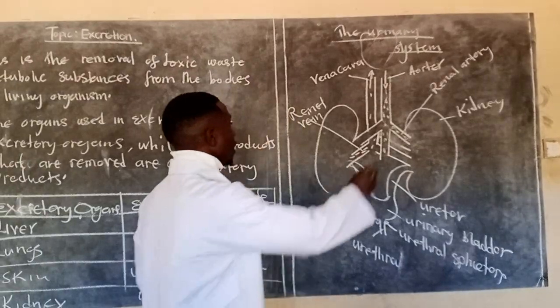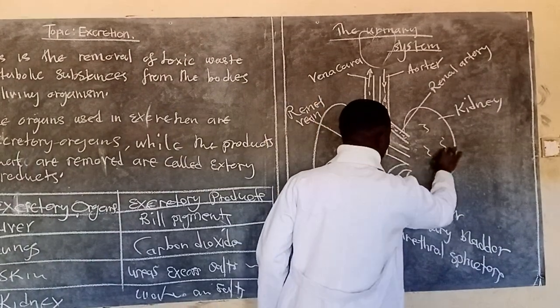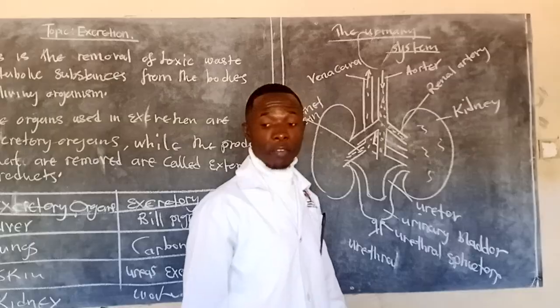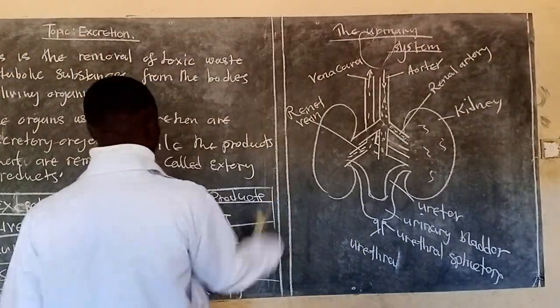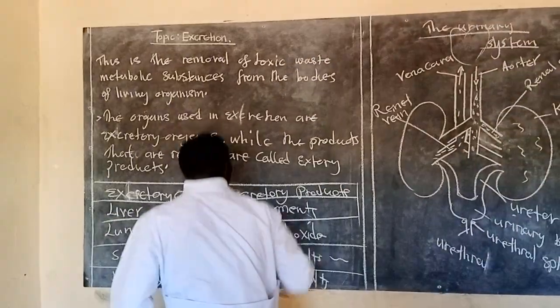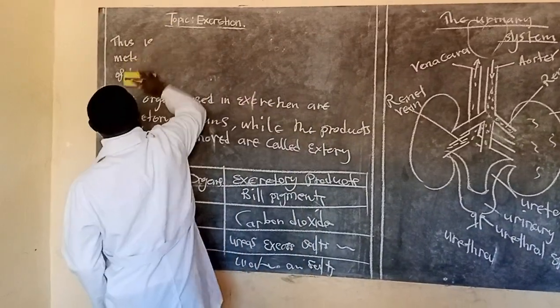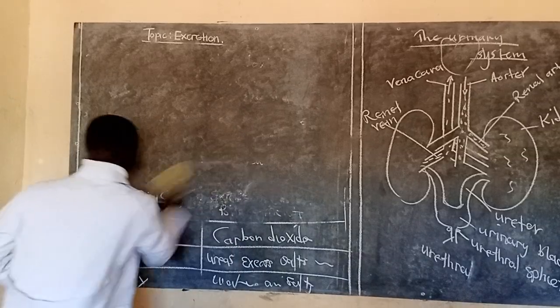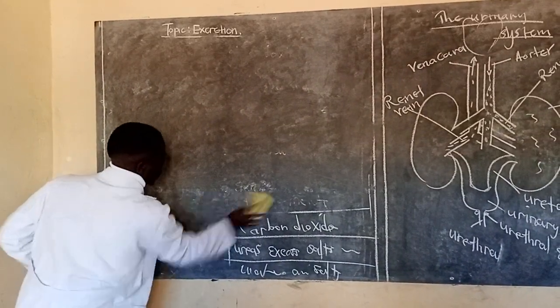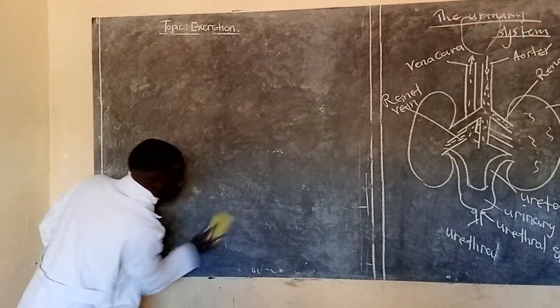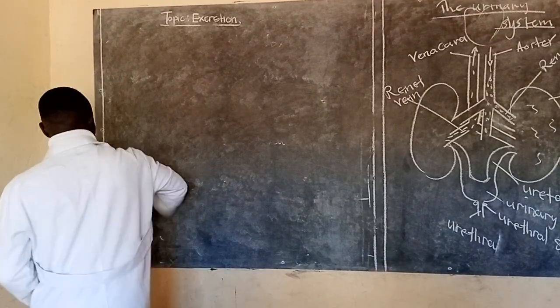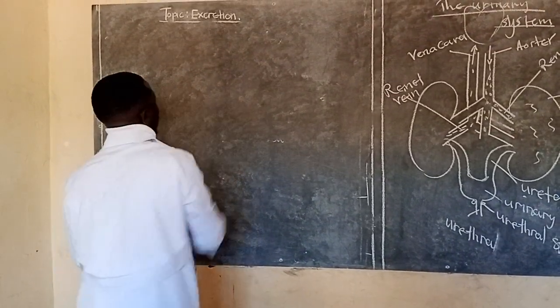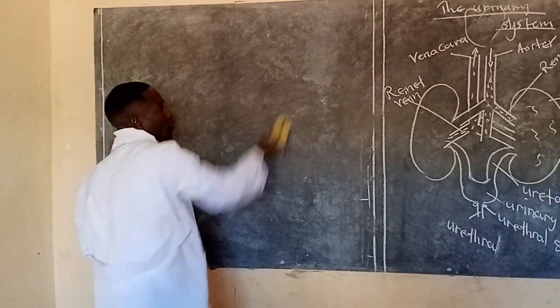Now, in the kidney, there are millions of structures called nephrons. First of all, I want us to look at the structure of the kidney itself. Okay, let's look at the kidney.